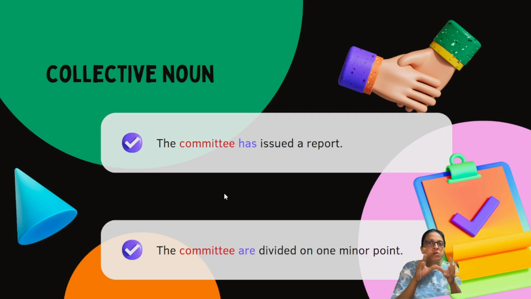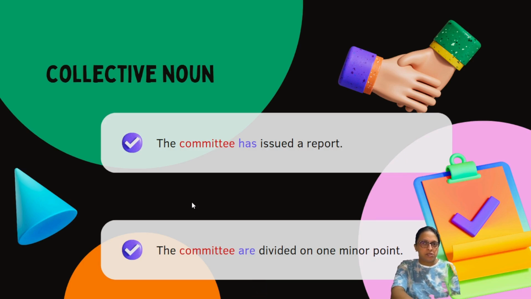That means the members are not together. So now we are referring to the members individually. We want to say there are groups of members who are divided. Therefore, it means something plural to us. Again here, by committee, we are talking about the members of the committee who are divided on one minor point. Therefore, we have taken a plural verb.